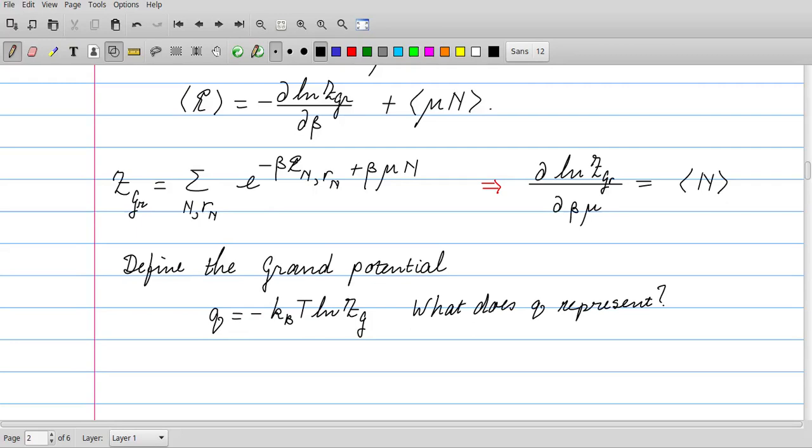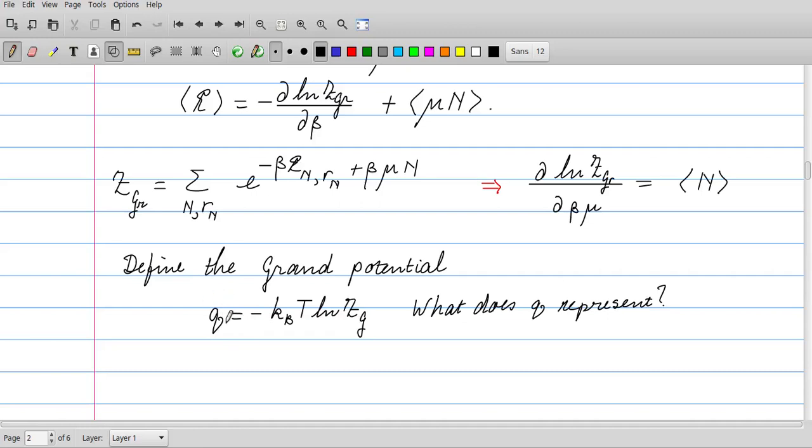Let us now define the grand potential in a way completely analogous to what we did in the case of the canonical ensemble. We look at the quantity minus k_B T ln Z grand in this case. When this is the canonical partition function, it gives us the Helmholtz free energy, E minus TS. And now we get a different object, obviously.